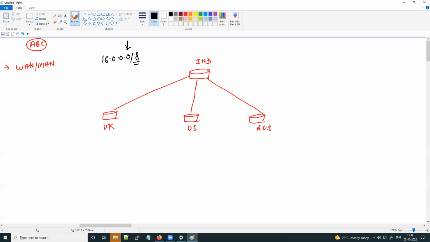I need to assign this IP address here because this is my LAN. And over the WAN also I need to assign the IP address, here, here, here, here, here, here.